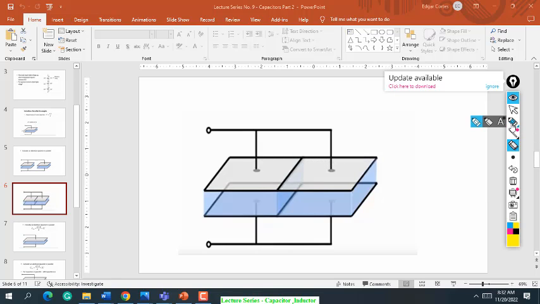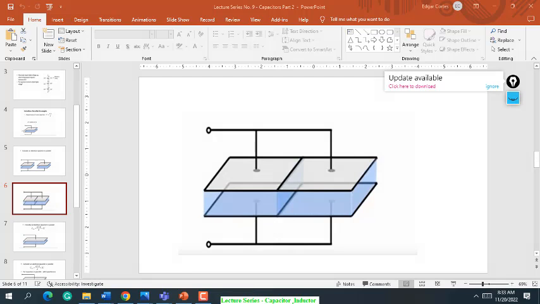We have two capacitors, the area is double, the distance d is the same, and of course the permittivity, because we're using the same material, is constant.